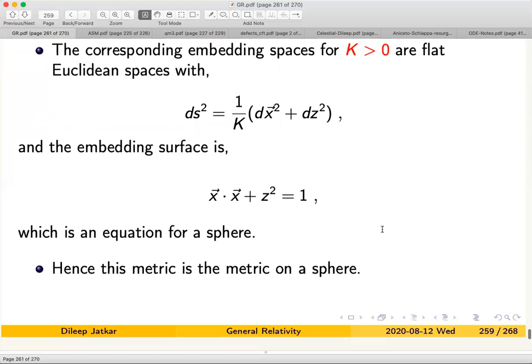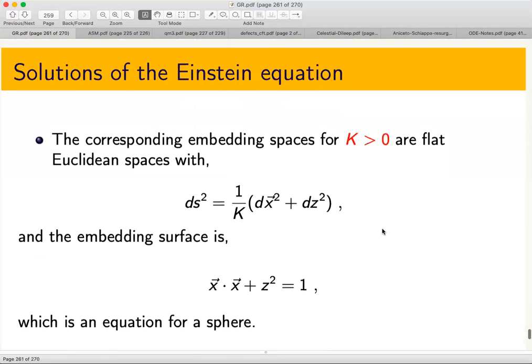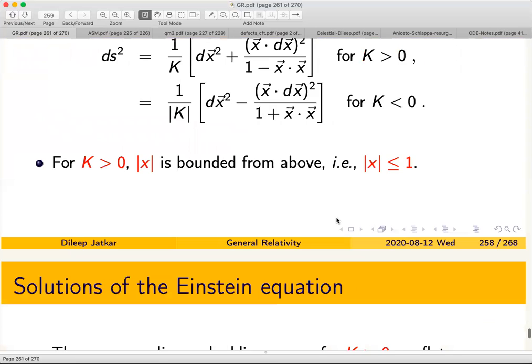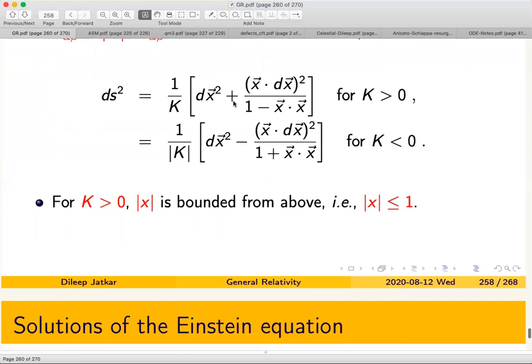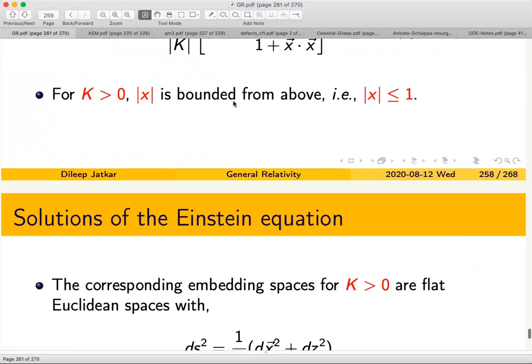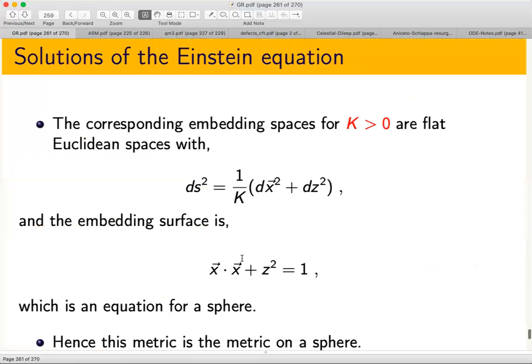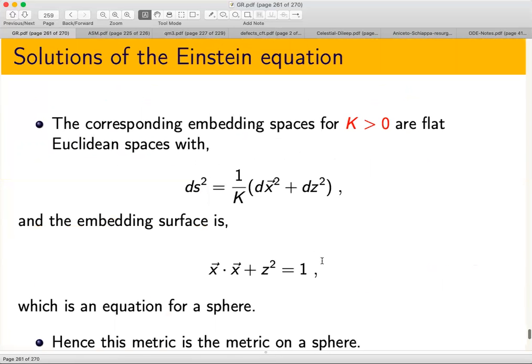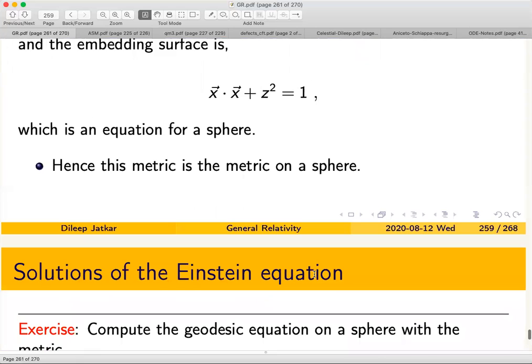So therefore, whatever we have computed, for example this metric for k greater than 0, is actually a metric on the sphere, because the embedding surface equation is this, which is the equation for the sphere.